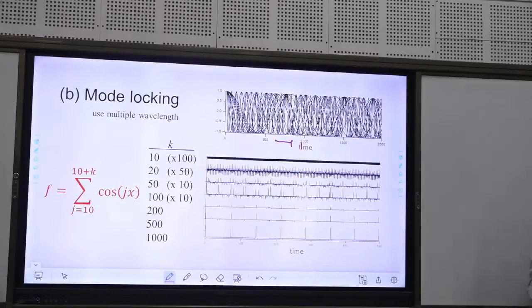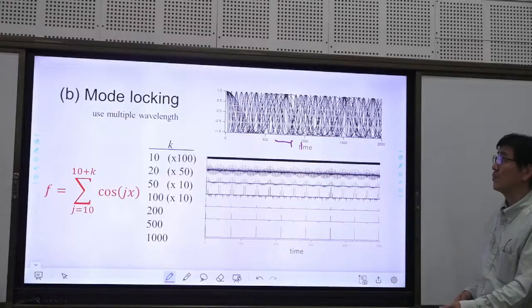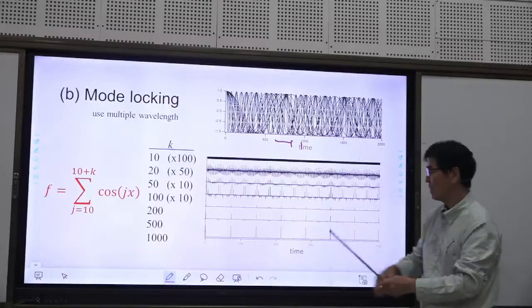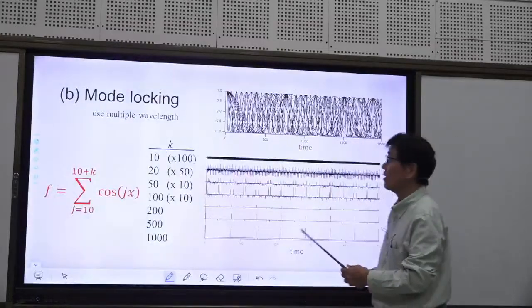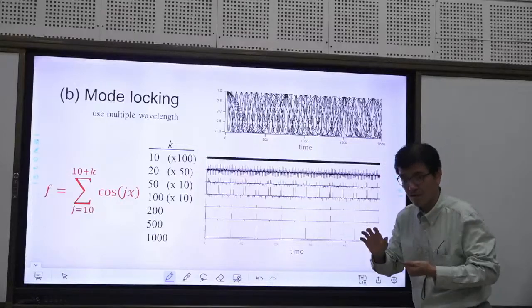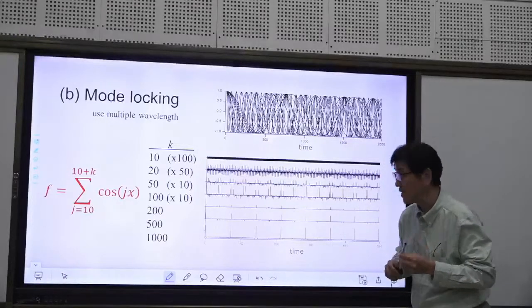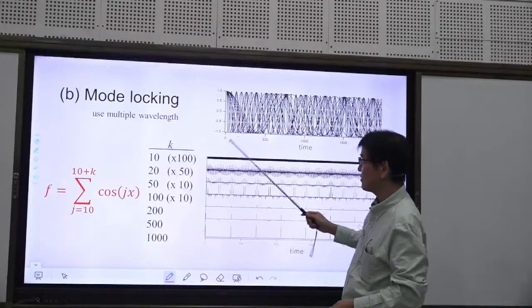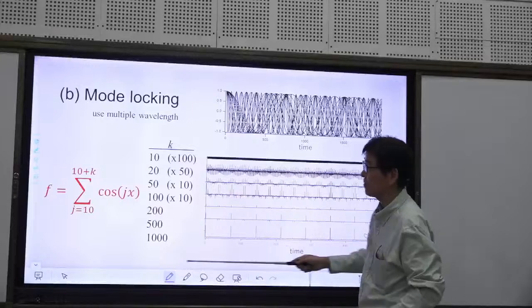Another method to achieve the pulse is mode locking. It's interesting, when we overlap many wavelengths, what happens? Okay, this is my calculation.